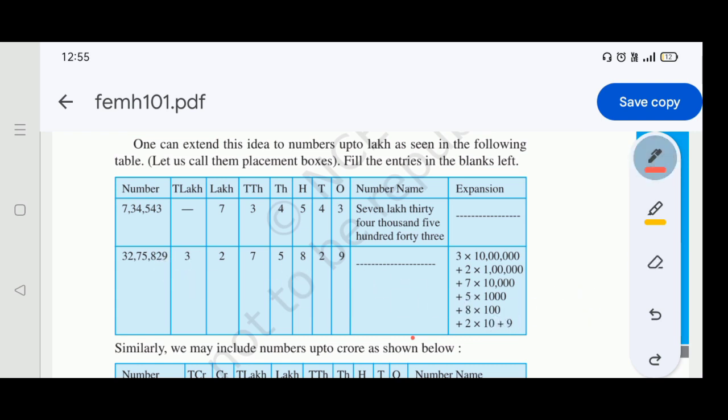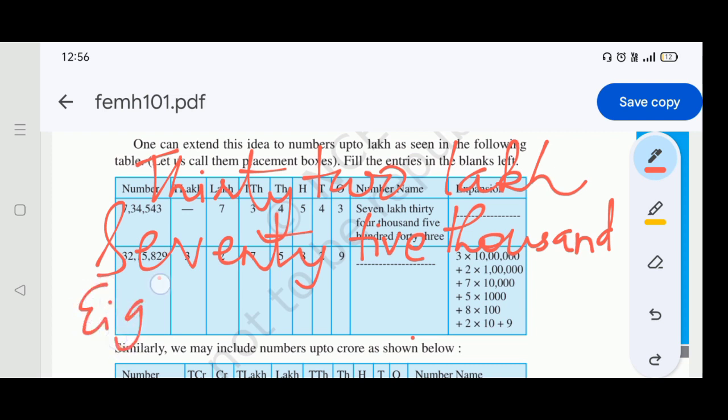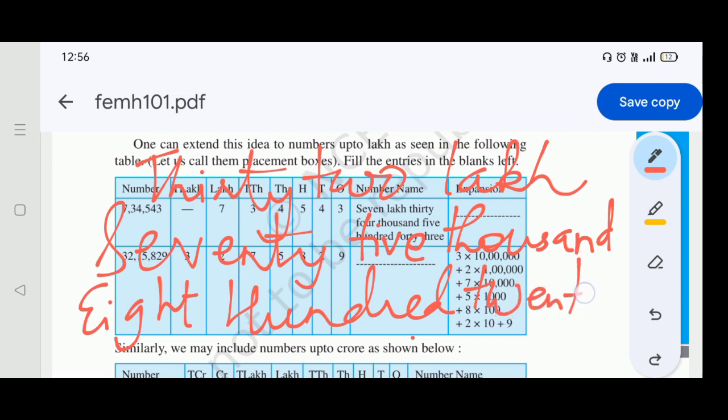So let's write. First it is 32 lakh 75,000 829.